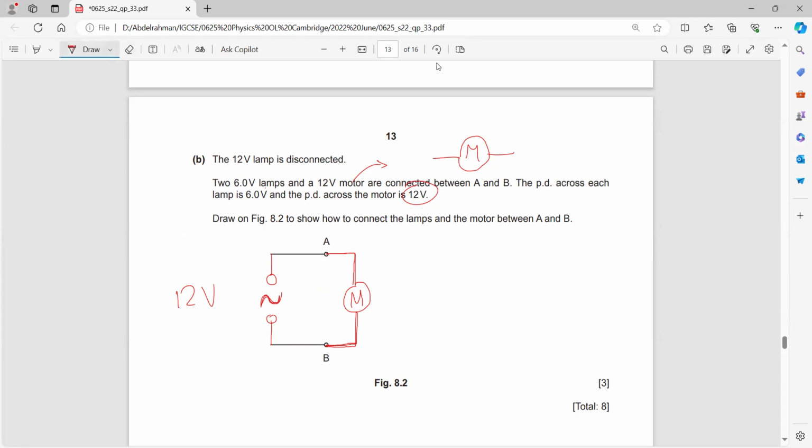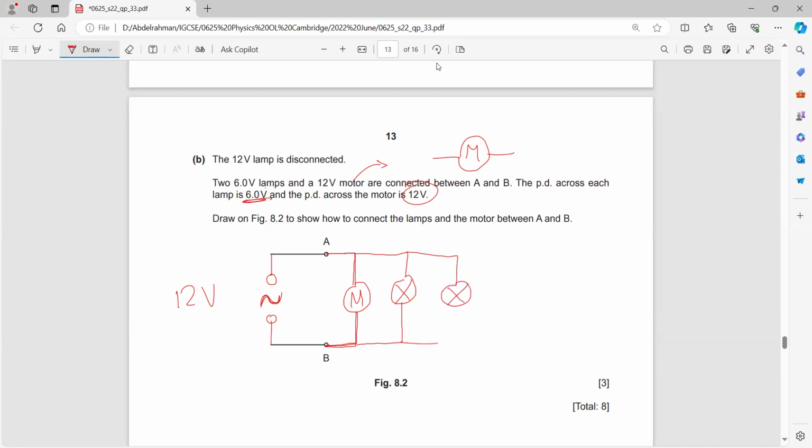What about the lamps? Each lamp requires a voltage of 6 volts. Do not draw this. What will happen if I draw the lamps in this connection?